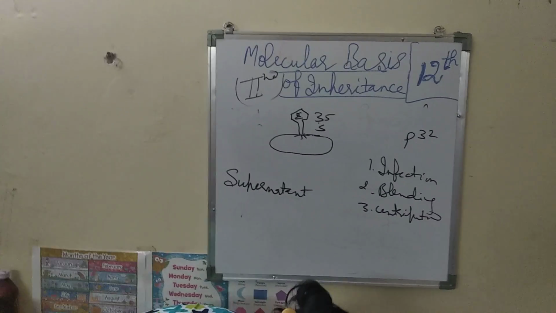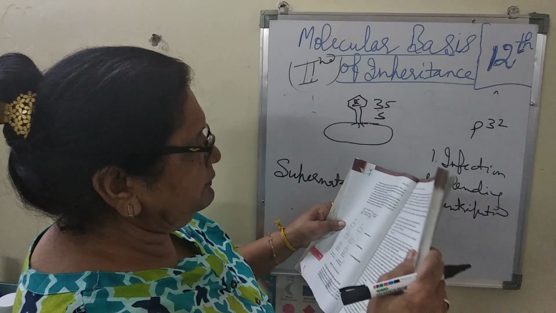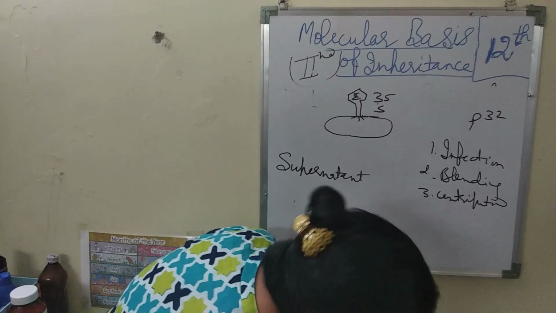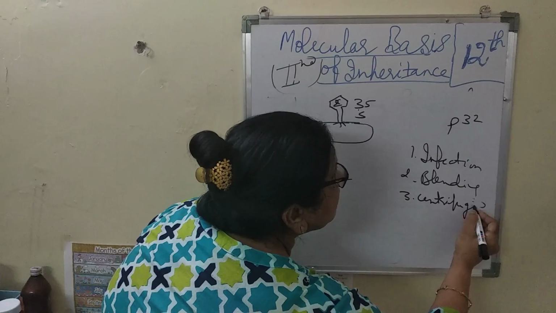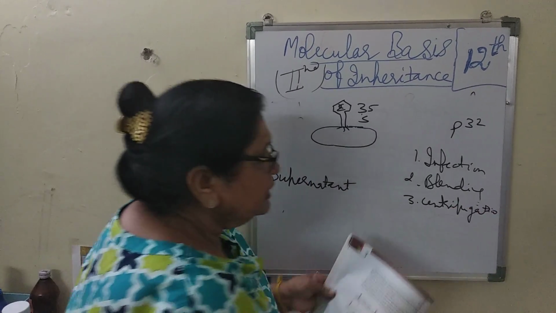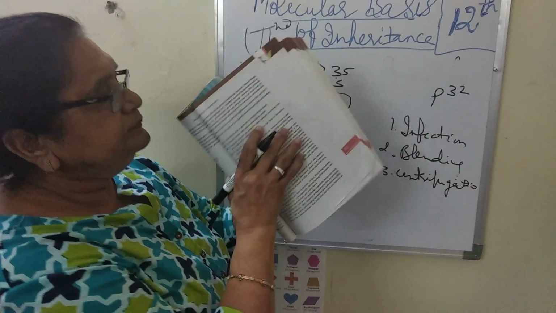Right? Infection, blending and centrifugation, spelled C-E-N-T-R-I-F-U-G-A-T-I-O-N. So these are the diagrams. Even if you draw these diagrams, you will get full credit in the board exam.